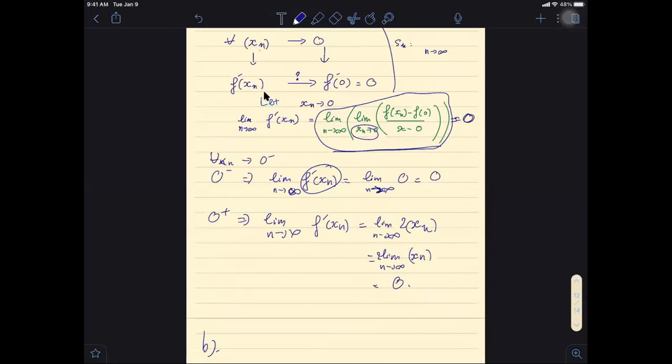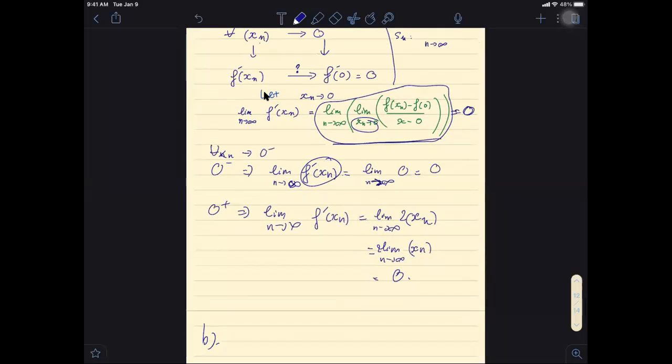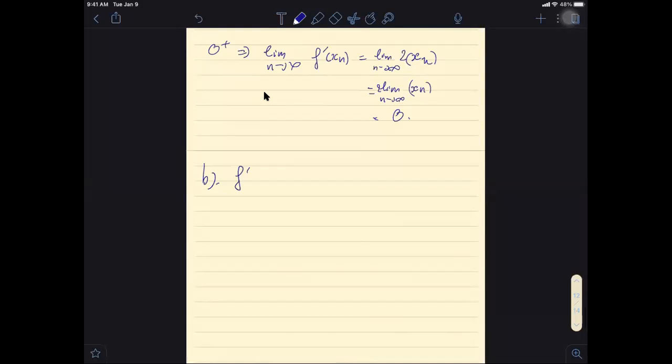You guys get it? Okay. Then how do you want to approach showing f prime is not differentiable at x equals 0? What do you guys think?